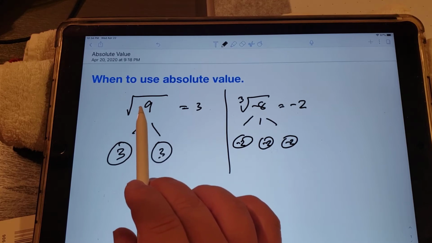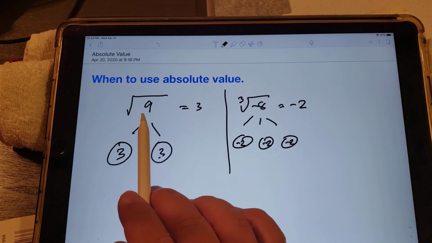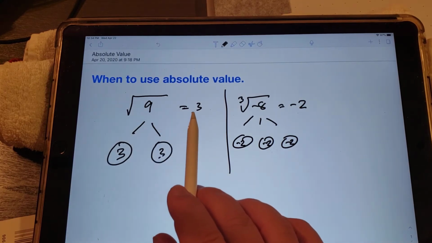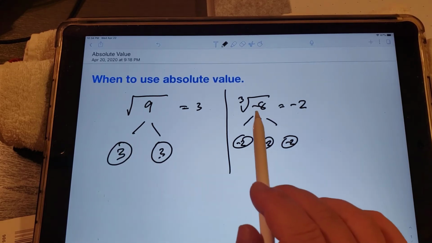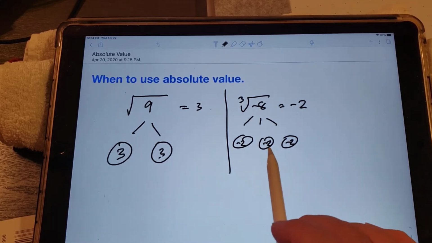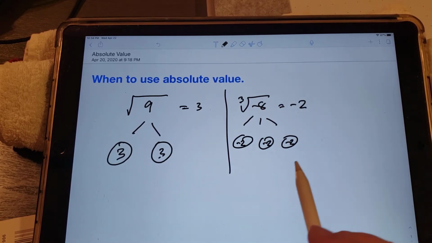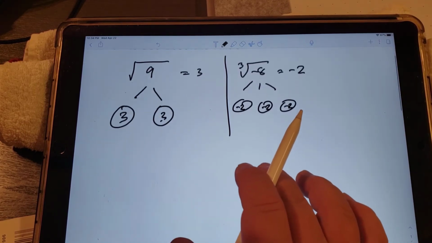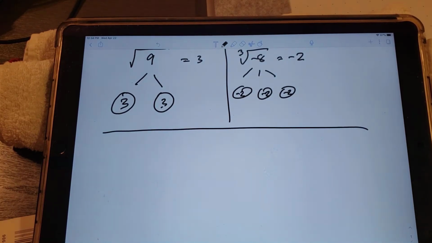If I had a -9, I really wouldn't be able to fill the two balloons equally. So I couldn't really get an answer, but with a +9, I get positive numbers. But with cube roots, I can. 3 negatives will give me -8. So that's one idea of this balloon drawing shortcut.